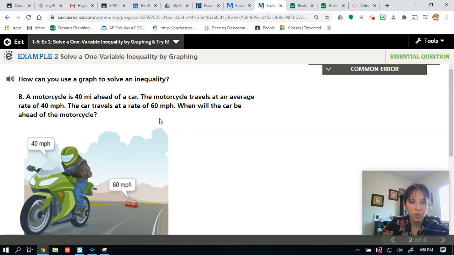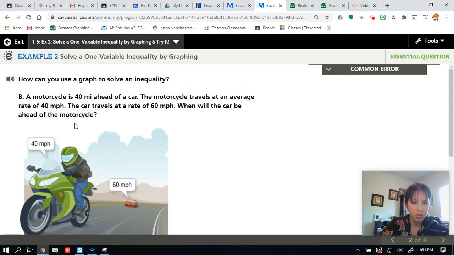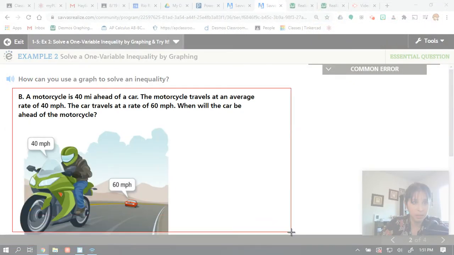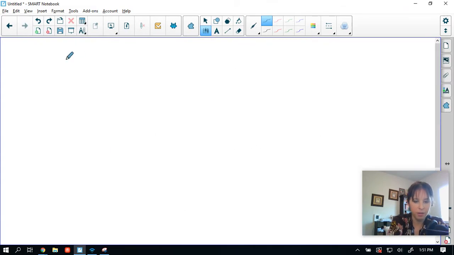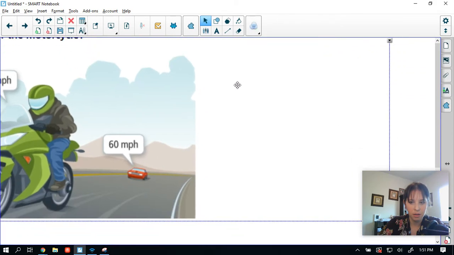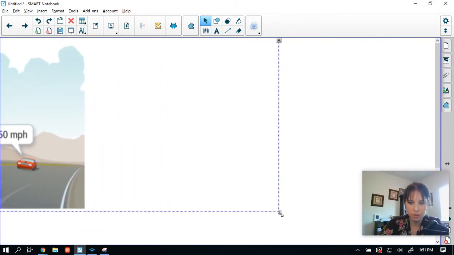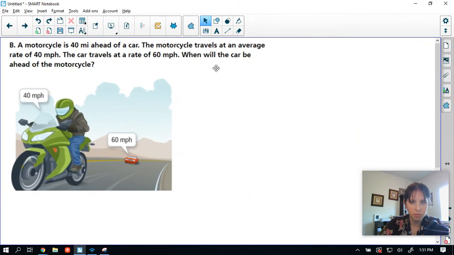The car travels at a rate of 60 miles per hour. When will the car be ahead of the motorcycle? So this is going to make us think a little bit. I love that graphic. Kind of wish they had it in a video. That'd be pretty cool to see the car and the motorcycle in this race. Make this a little bit smaller so I could fit onto the page. Here we go.